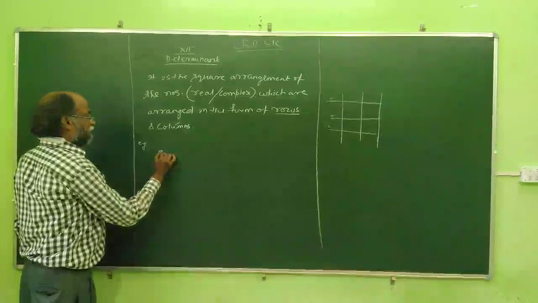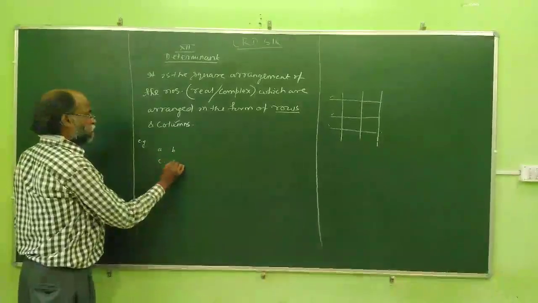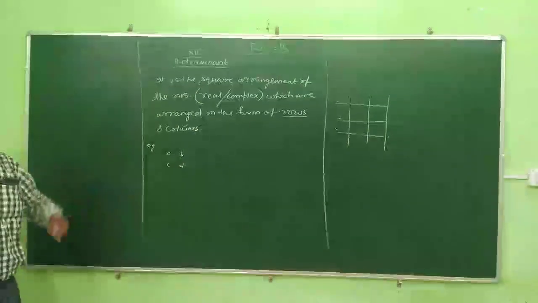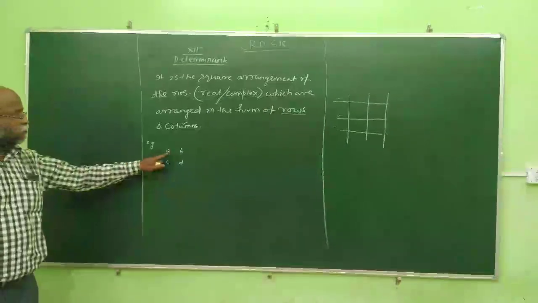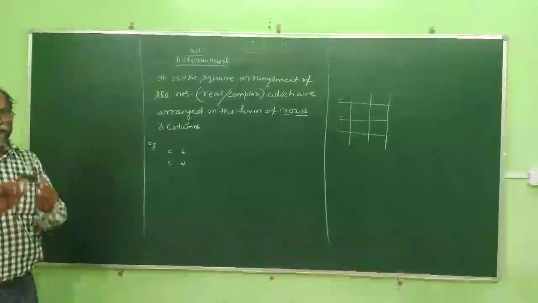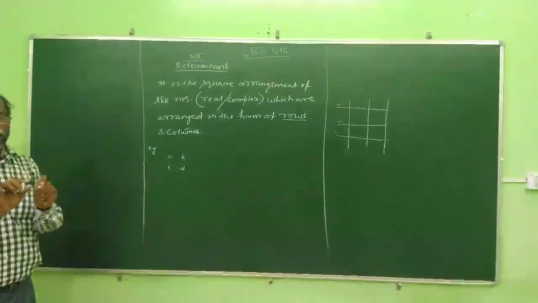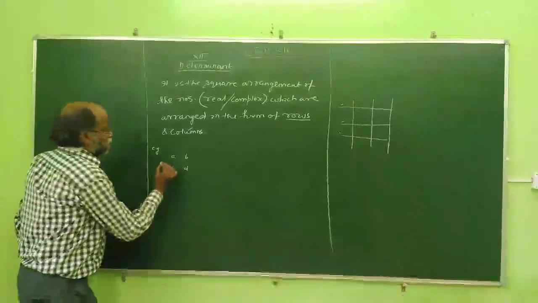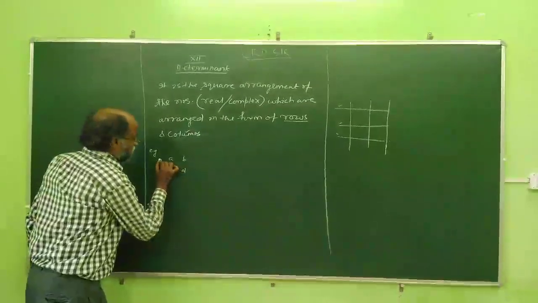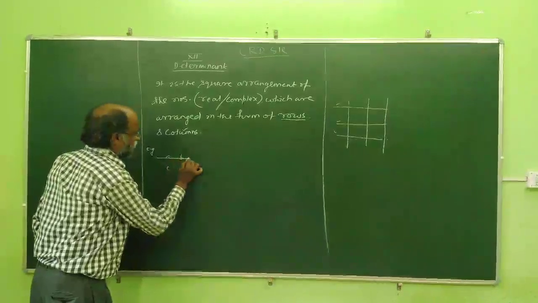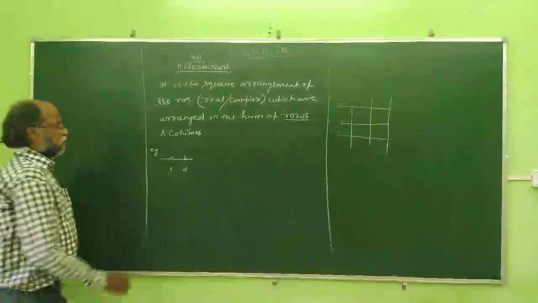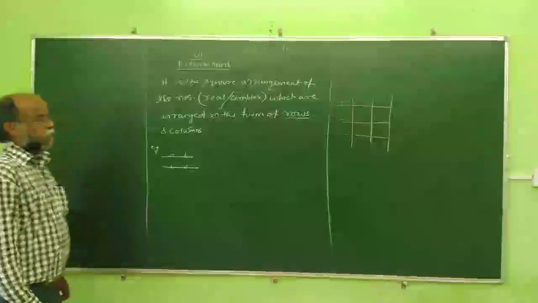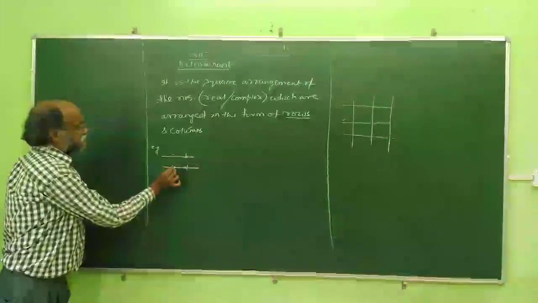Suppose I write the elements A, B, C, D. This is one arrangement. And here A, B, C, D may be real numbers, may be complex numbers. Now see, just you put a horizontal line here. And again let us draw another horizontal line. How many horizontal lines are there? 2.